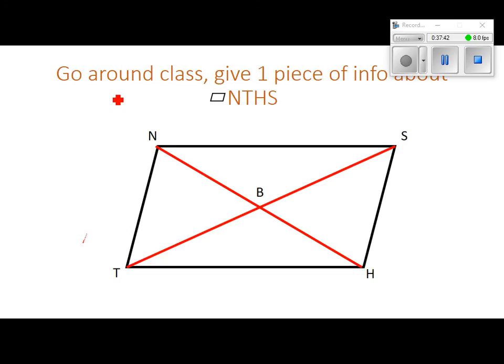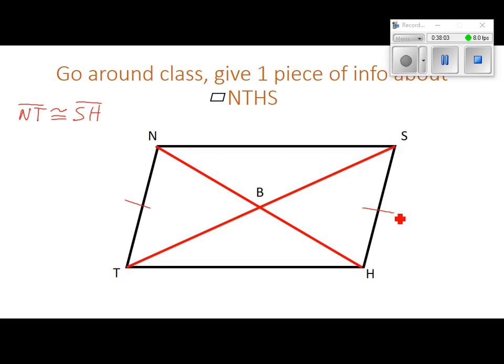Segment NT is congruent to segment SH. Everybody agree with that? Yeah. Opposite sides. Those two are congruent.